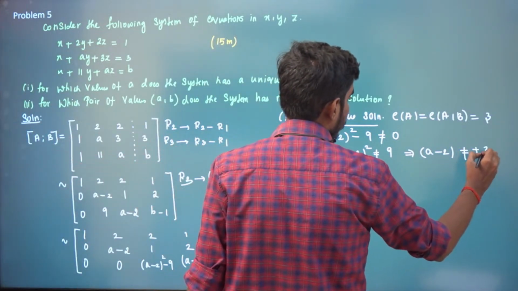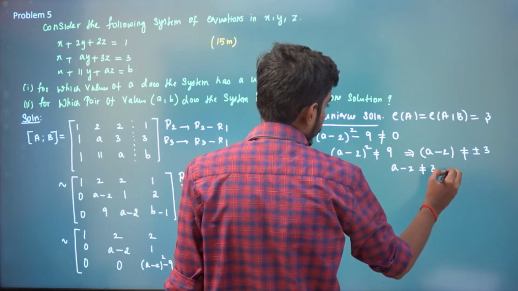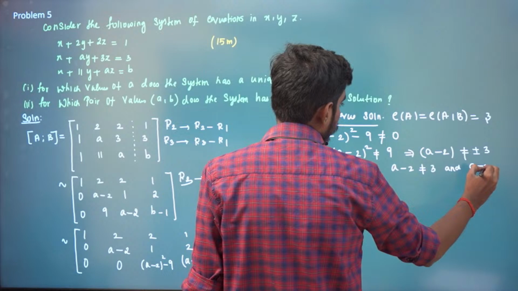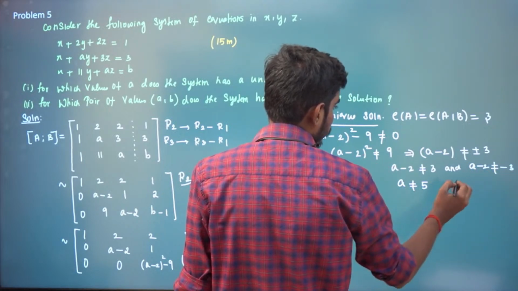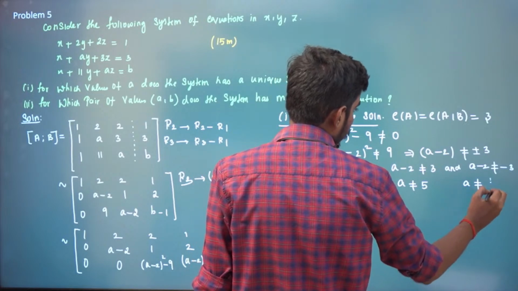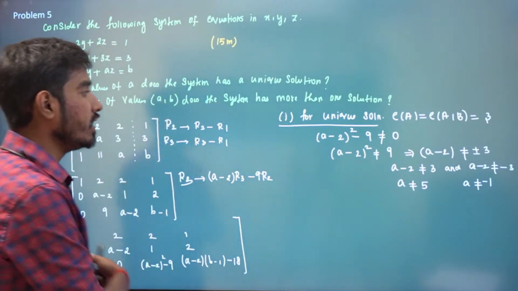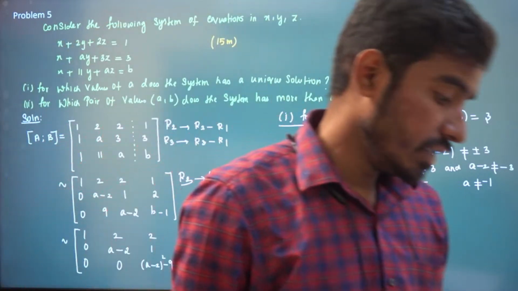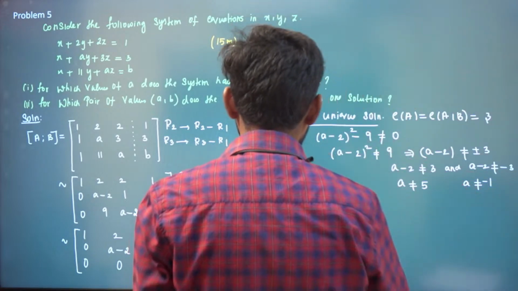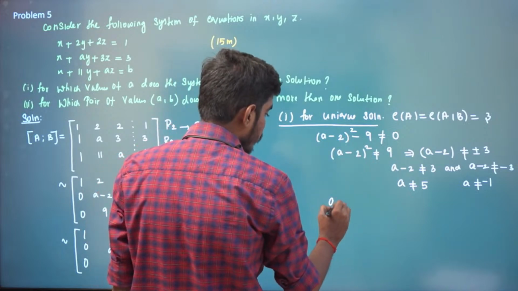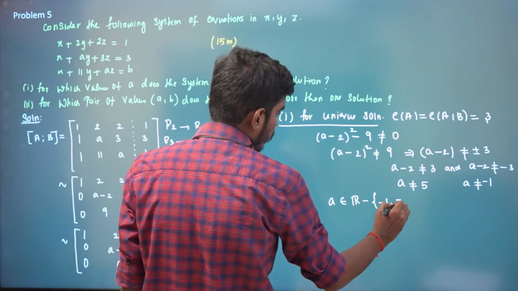That means a should not be equal to 5 and a should not be equal to minus 1. So for a unique solution, a can take any real number except minus 1 and 5.